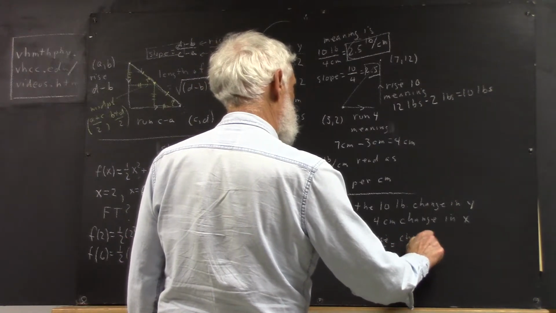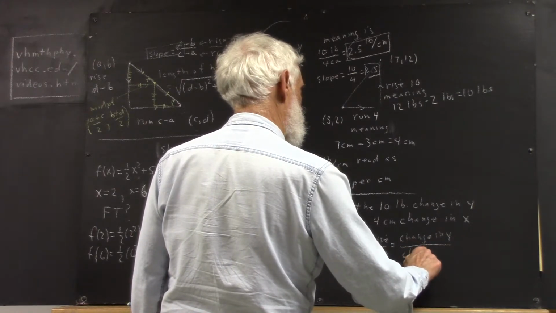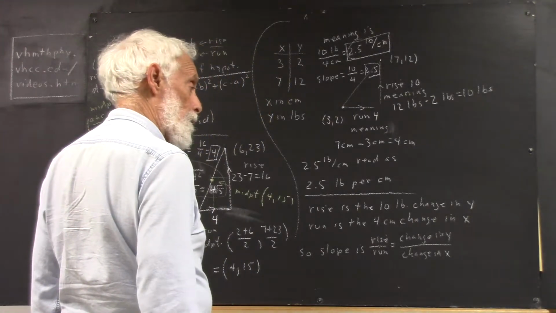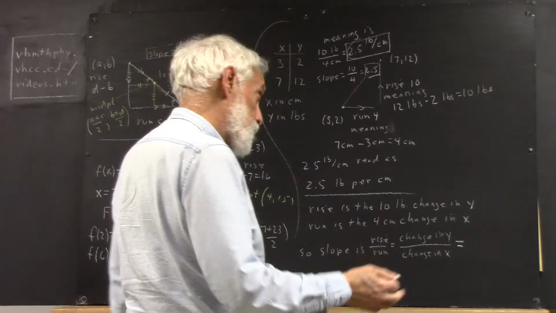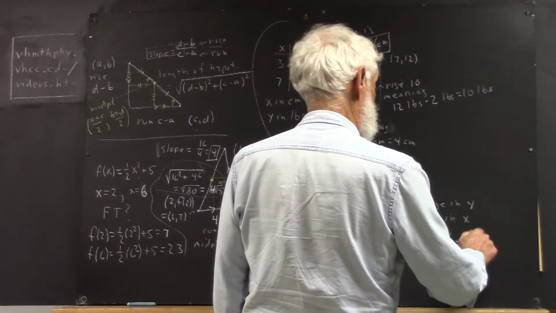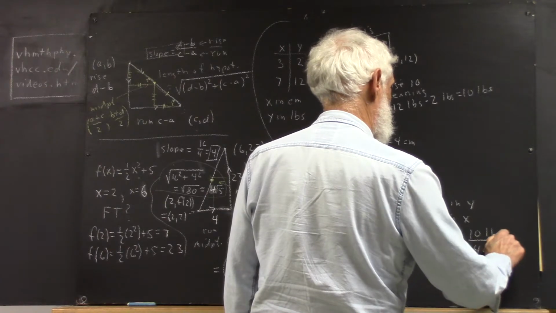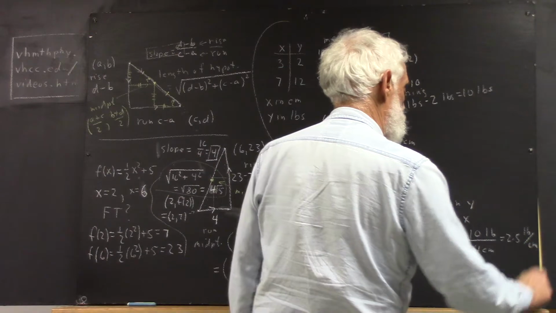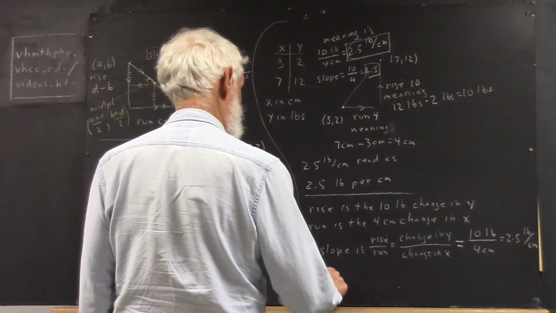Slope is rise over run, which is change in y over change in x. And again, that equals, I've already written it down, but just to emphasize, 10 pounds over 4 centimeters, 2.5 pounds per centimeter.